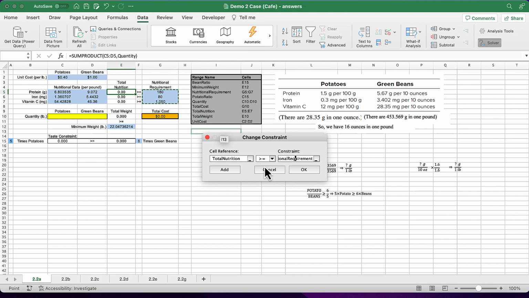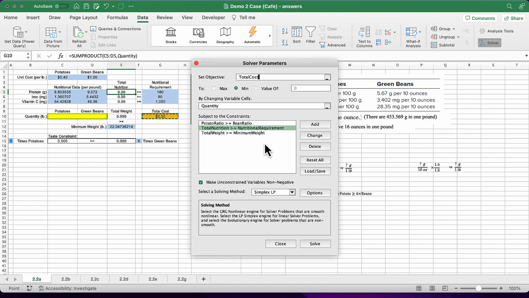All right, if you're happy with that, just go out, and the final constraint is actually the target weight of the casserole that must be produced on a weekly basis.